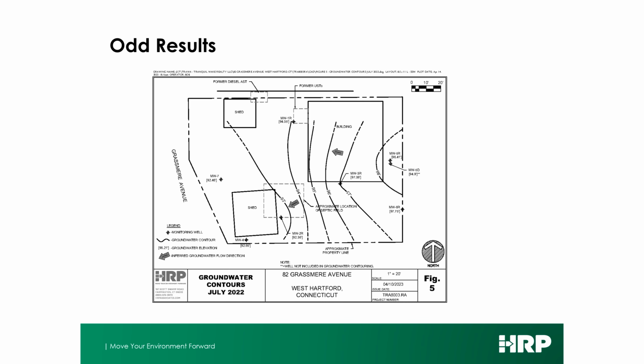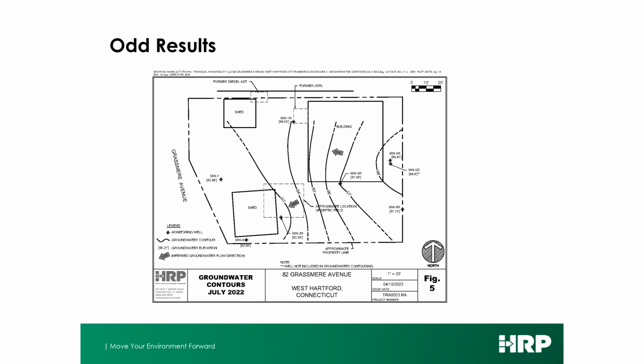Odd results. This was one that was brought to me a little while ago, later last year, not earlier. It was brought to me for a different reason. It was about doing an alternative surface water protection criteria.